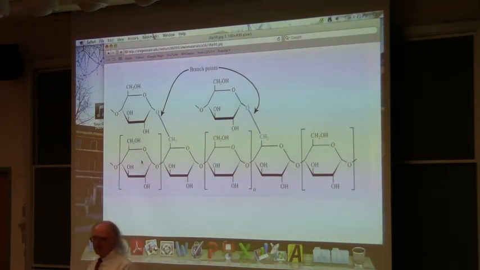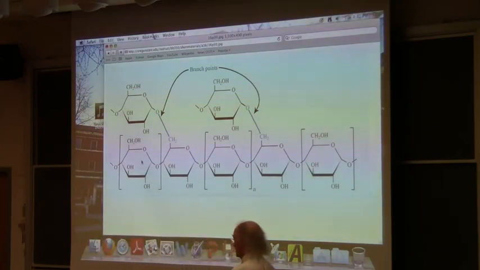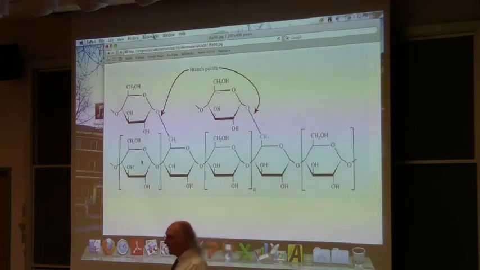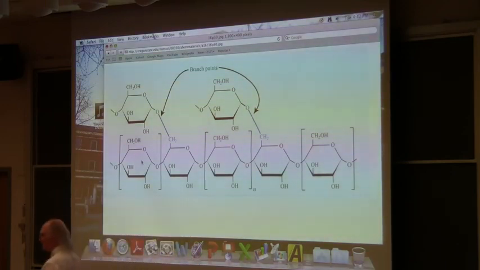And glycogen, which is a storage form in animals, which has many 1,6 branches. If you take amylose and amylopectin and mix them together, you create something that you all refer to as starch. So starch isn't a single thing, it's a mixture of amylose and amylopectin.